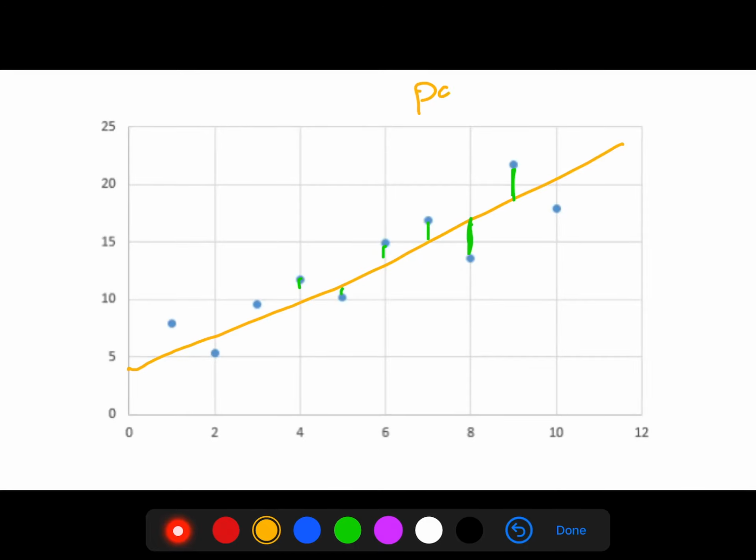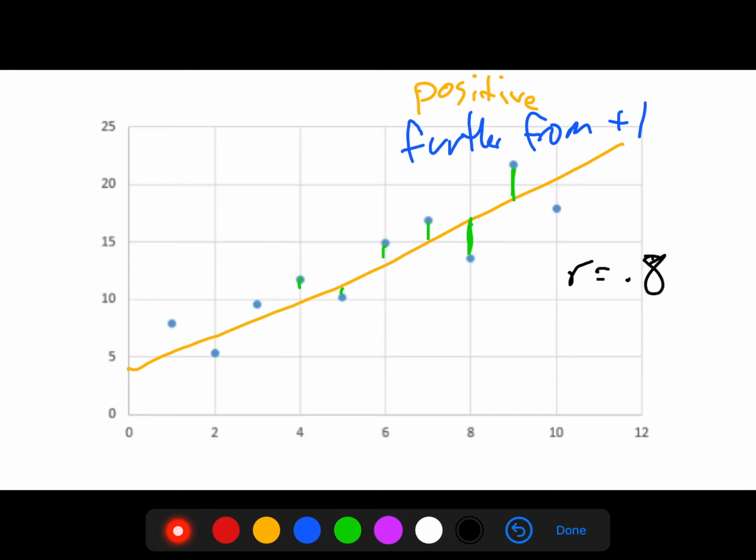So this one's definitely positive, but it's further from +1 than the last one. So if you picked 0.9 for the last one, you're going to want to pick a number a little bit smaller than 0.9. So I might pick something like 0.7 or 0.8 or something like that. Any of those are reasonable guesses. But it's going to be smaller than the last number. So that's an important relationship.